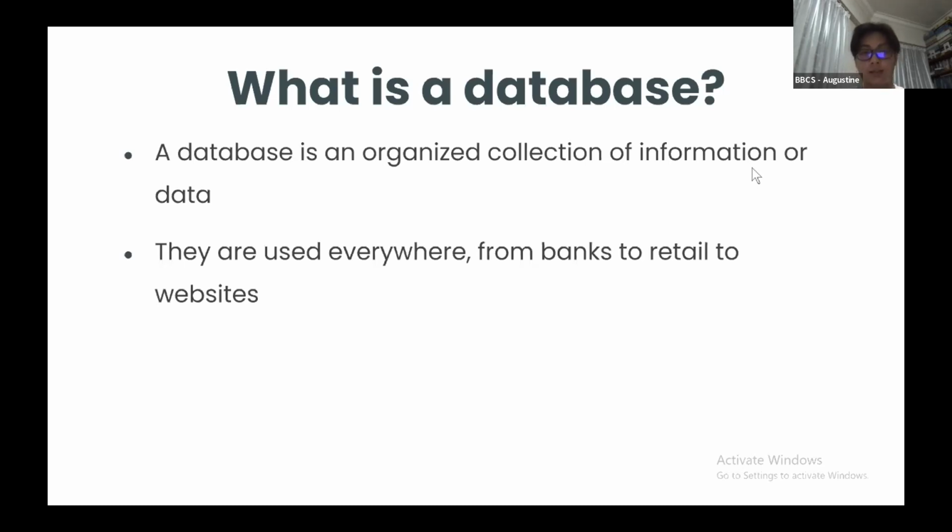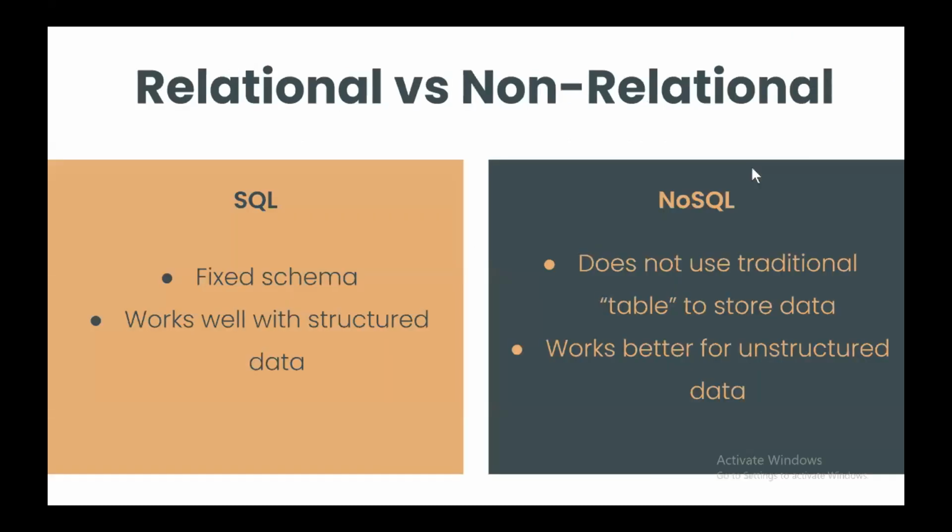So in general, there are two different types of databases, relational and non-relational. In this workshop, we'll be covering more on the relational database, also known as SQL. I'll explain more about SQL later on, but first, what is SQL?